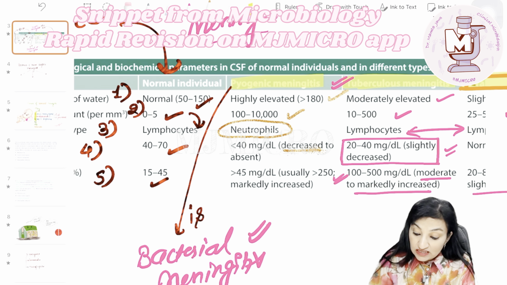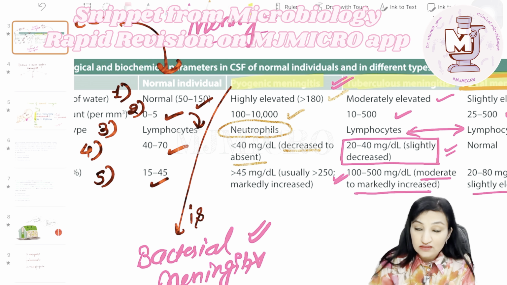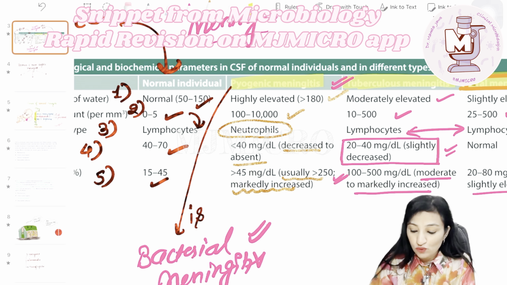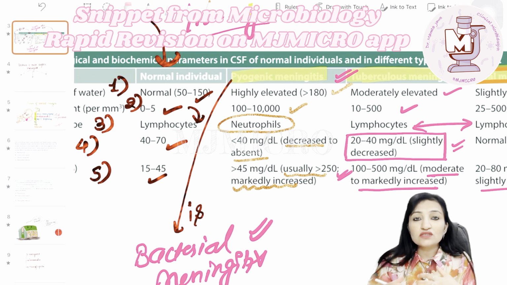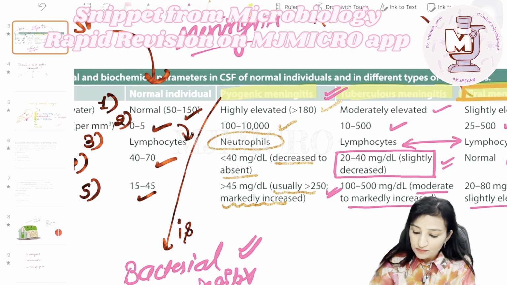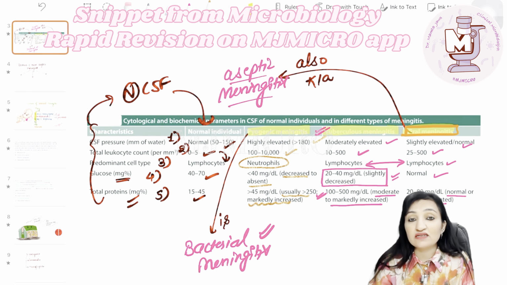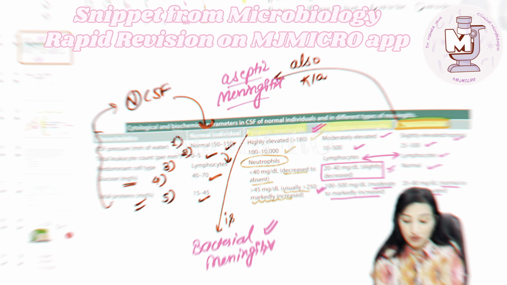Glucose is decreased to absent altogether, and as far as proteins are concerned, they are markedly increased, usually more than 250. So the most active of all these 3 kinds of meningitis is pyogenic meningitis. Okay, so this table you must remember for answering questions on meningitis.